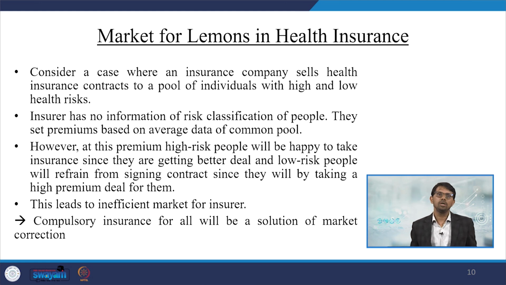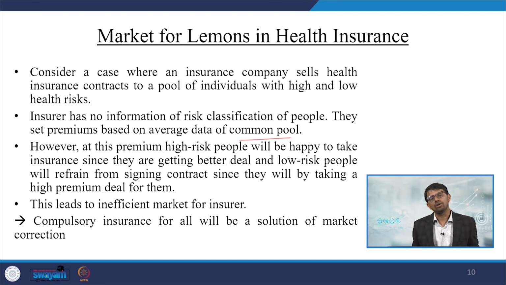They set premiums based on average data of the common pool. However, at this premium, high risk people will be happy to take insurance since they are getting a better deal, and low risk people will refrain from signing the contract since they will be taking a high premium deal for them.